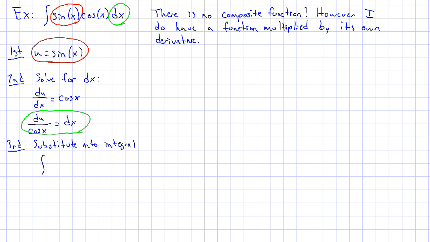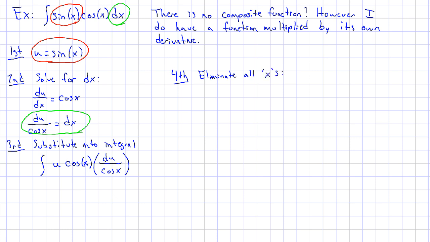So I end up with the integral of u. The cosine x is not being replaced, but the dx is going to be replaced with du over cosine x. And now here I have a cosine divided by a cosine. So when I get to my fourth step, I cancel or eliminate all my x's.